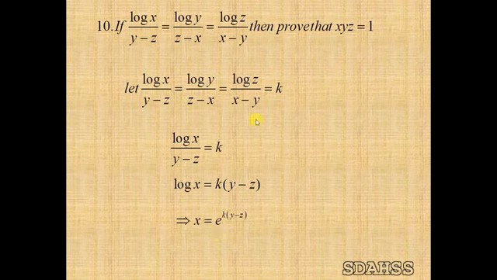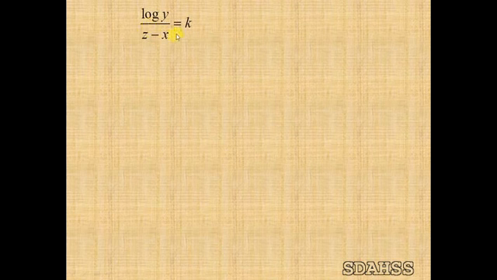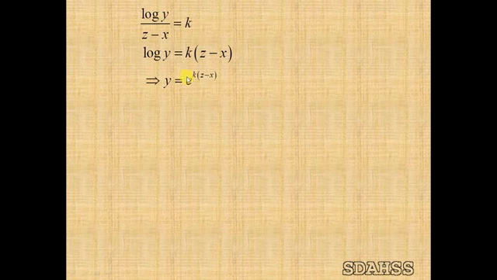Then equate the second one. Log y divided by z minus x is equal to k. Cross multiply, so you get log y is equal to k into z minus x. Taking e on both sides, e and log cancel. Remaining you have y is equal to e power k into z minus x.